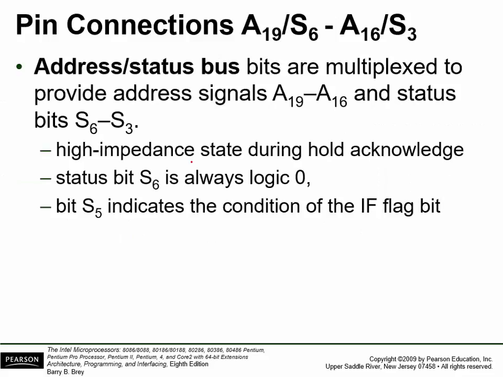Our multiplexer provides the address signals and the status bits. These are telling the debug hardware, which we're not going to get into, what's going on inside the processor. That's why they're called status bits. We would normally not use those bits in our design, but they're used in debugging our processor.